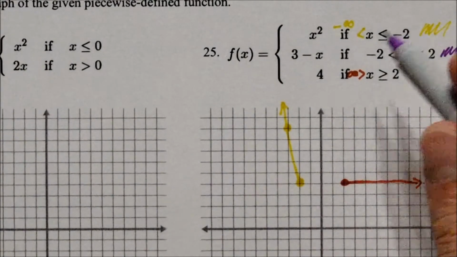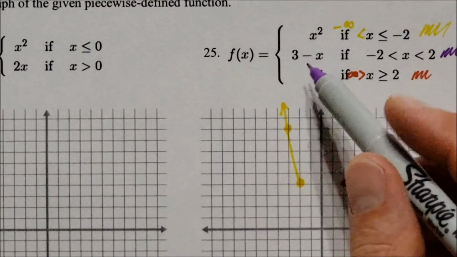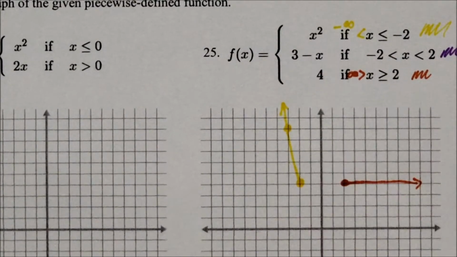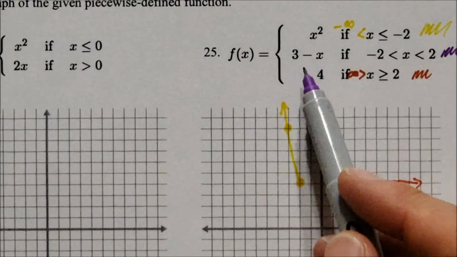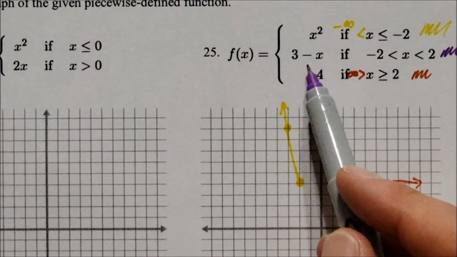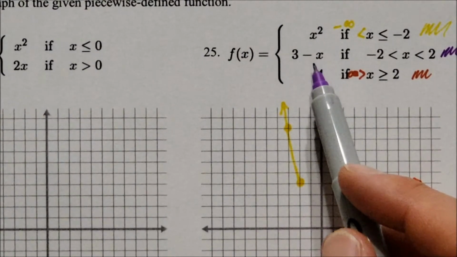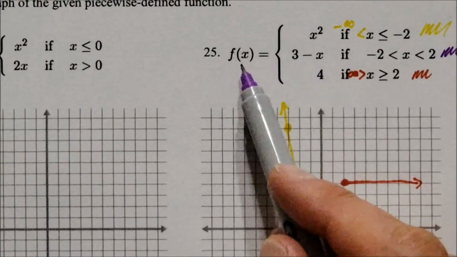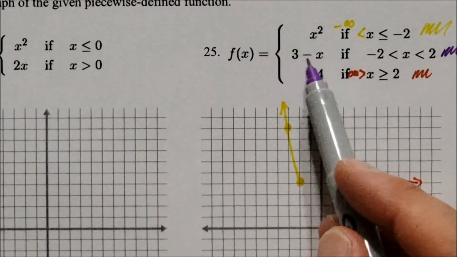The middle function, this has been giving some people some problems. This is our regular y equals, it's not in slope-intercept form, y equals mx plus b, but we can put it in that form just by rearranging these. This is y equals 3 minus x.